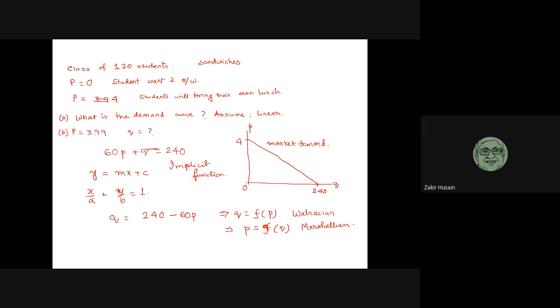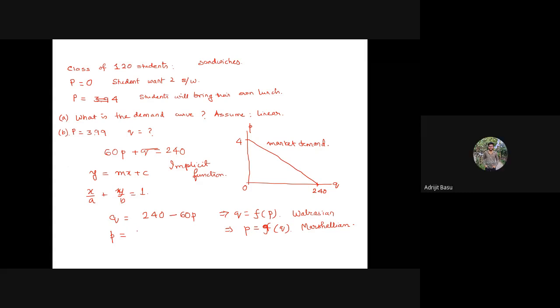So tell me, what is this function? Is it a Marshallian function or a Walrasian function? Sir, Walrasian. Okay. And if we write it in this form, if you want to make it in a Marshallian form, what will be the demand function?